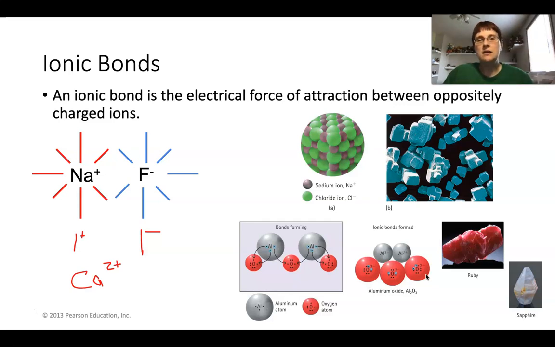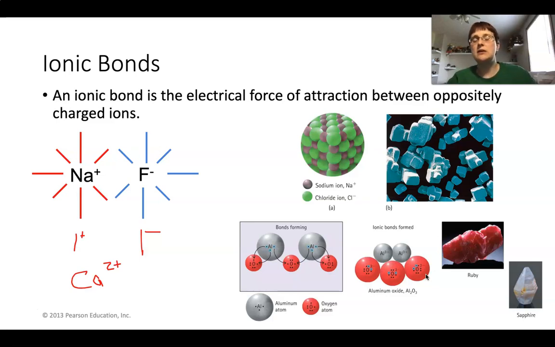Most of the ionic compounds that you're going to be familiar with are salts. So you've got things like table salt, calcium chloride, that's the one that's commonly found in sidewalk salt. And most of the ionic bonds can be dissolved by some sort of solvent that's also got a charge to it.